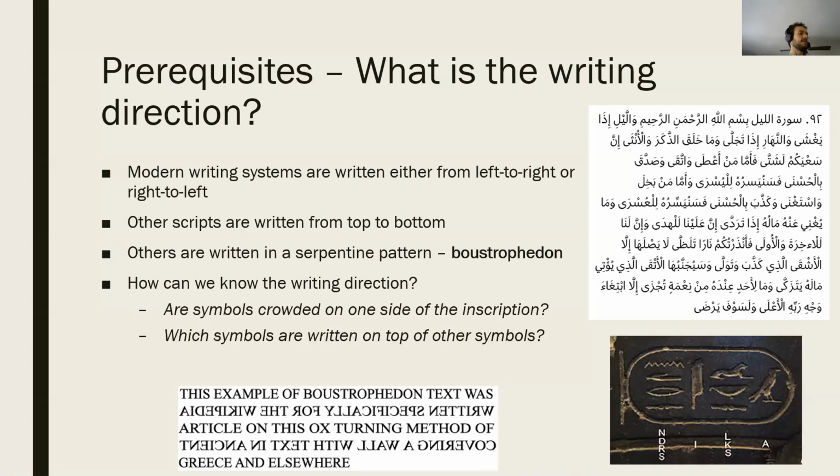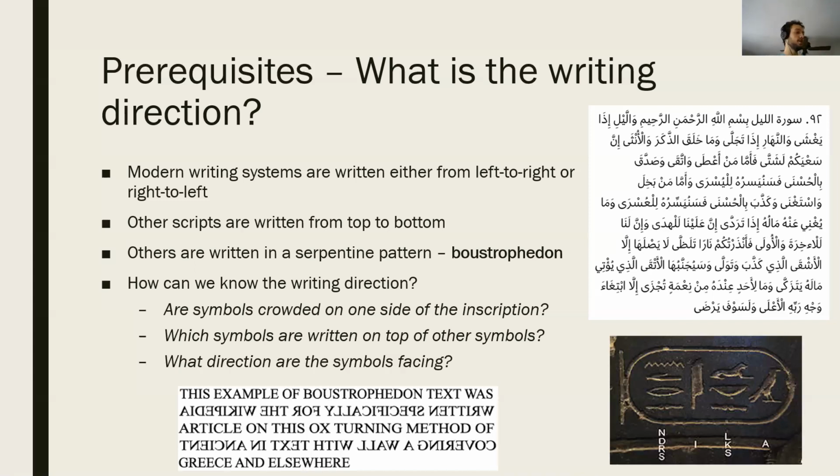Also, you can try to see which symbols are written on top of other symbols. The symbols written later are written on top of the symbols written before, so you can use that to find out the order in which the symbols were written, and from that, you can get an idea of how the writing direction works.